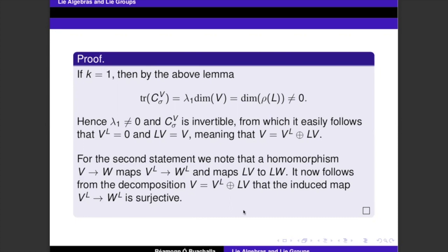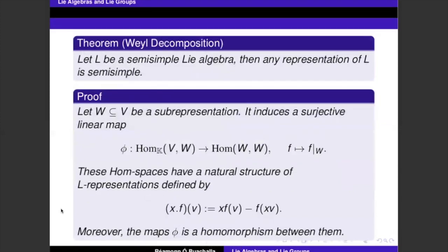Okay. So as I said, that is where we do the hard work for proving Weyl's theorem. This lemma is where we put in the hard work. Now that that's done, the proof of Weyl decomposition is actually not that bad. So let L be a semi-simple Lie algebra, then any representation of L is again semi-simple.